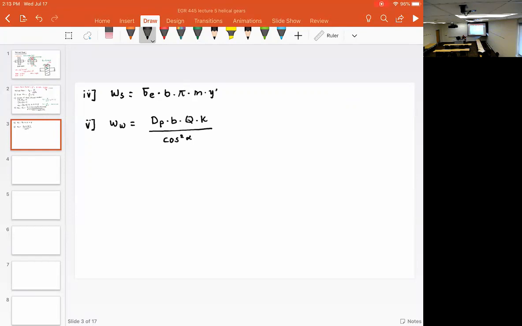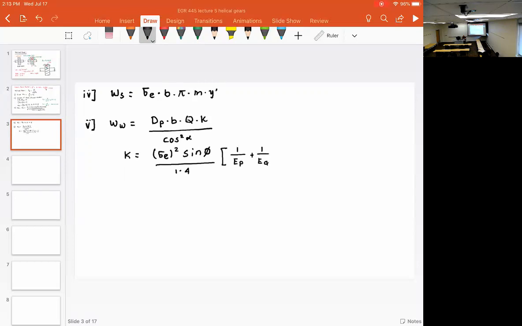So Q is the ratio factor, but the equation for K will be sigma E square sine P divided by 1.4, 1 divided by EP plus 1 divided by EG.